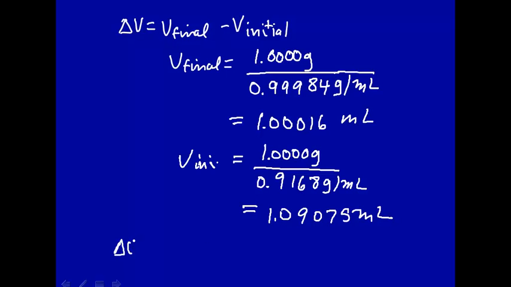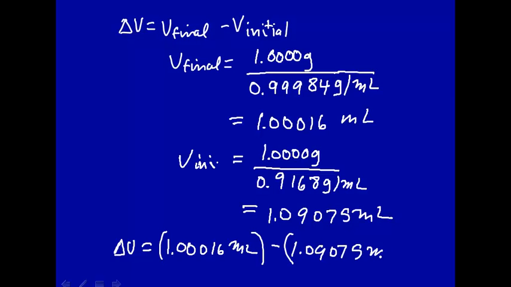So that delta V is the final volume, 1.00016 milliliters, minus the initial volume, 1.09075 milliliters, and that is minus 0.09059 milliliters. So that's the volume change when you melt ice.